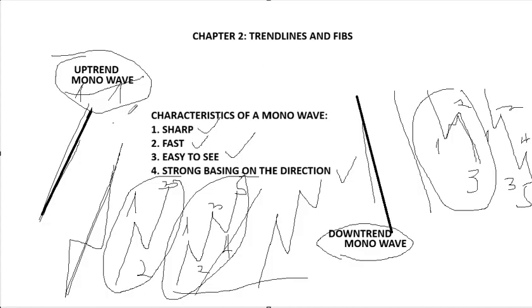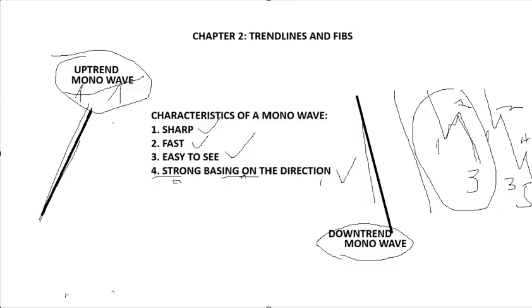So characteristics: it should be fast, like we said, it should be sharp, it should be easy to see, and it should be strong based on the direction it's headed to. So when several mono waves combine, they form a pattern. What I mean is we have a mono wave, correction, another one, correction, another one.